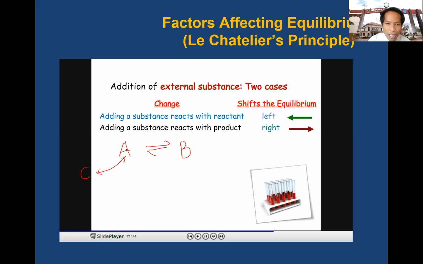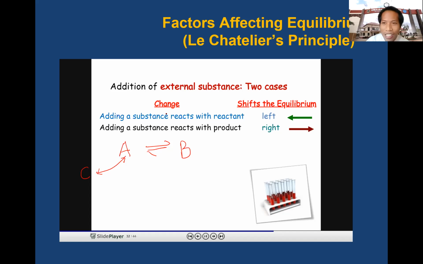So what will happen? The equilibrium will shift to which part in order to make a new equilibrium? If I add C, which is reacting with A, the new equilibrium will shift to which part? To the left or to the right? To the right.